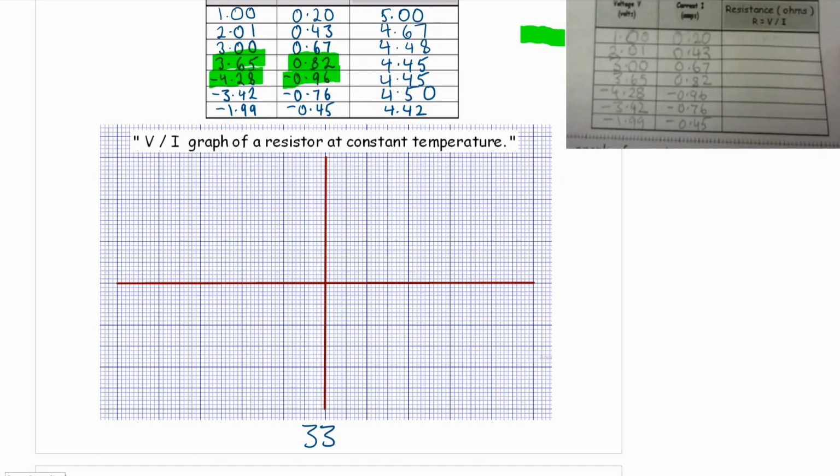Voltage goes on the horizontal axis, so you can label voltage on the horizontal. We're changing the voltage, so that's almost like an independent variable that would go on the horizontal axis. And we're measuring the current.